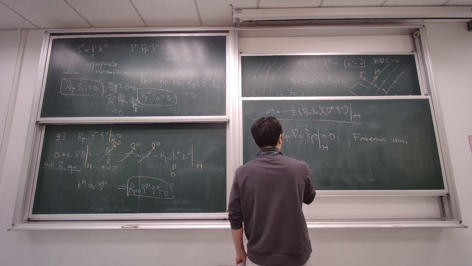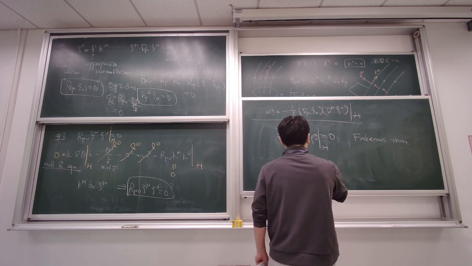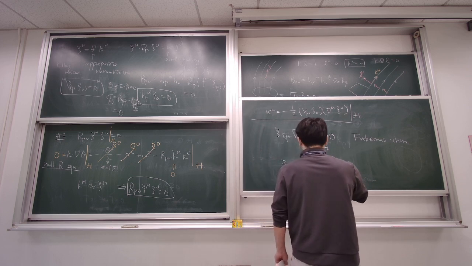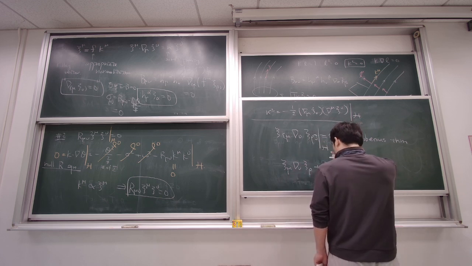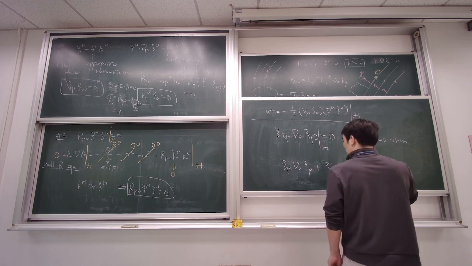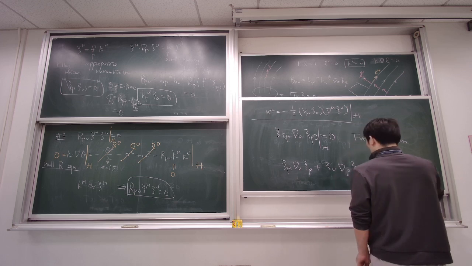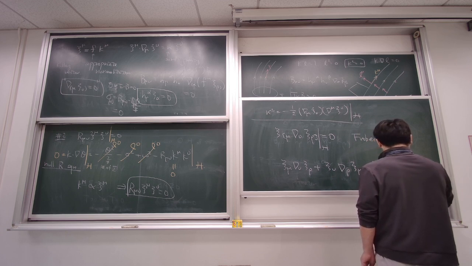So we can just write down the equation c mu nabla rho c nu plus c rho nabla nu c mu... Sorry, I most likely made a mistake.